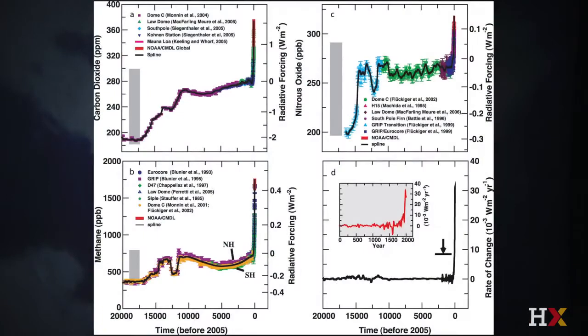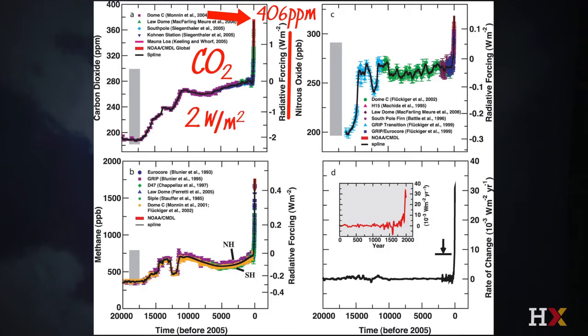So let's look then first at carbon dioxide. We know that its concentration has reached about 406 parts per million in the atmosphere, but that'll allow us to track the radiative forcing. That is the amount of energy coming back down resulting from the change in that CO2 concentration. And that turns out to be 2 watts per square meter.